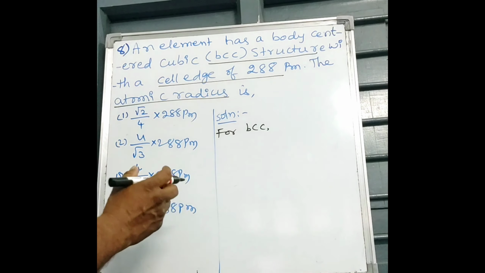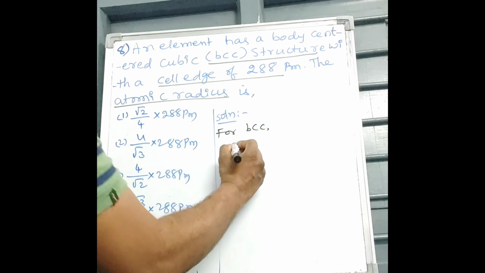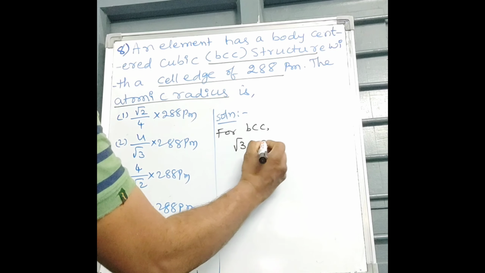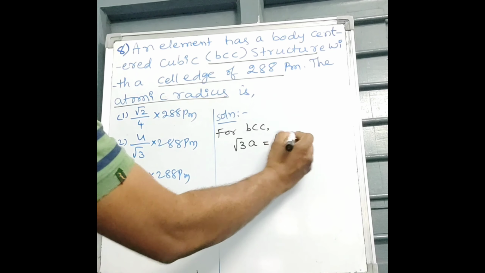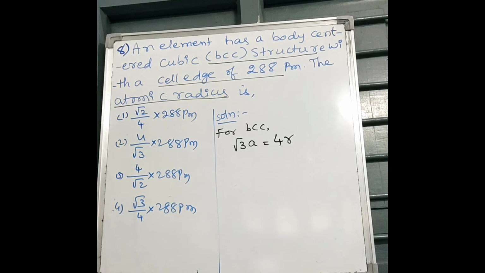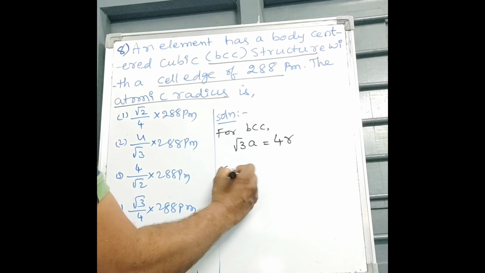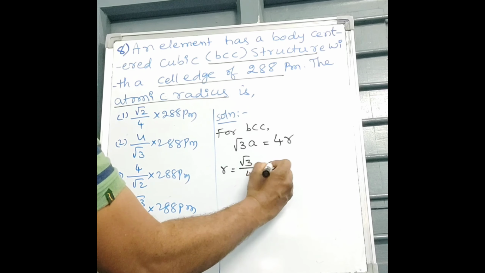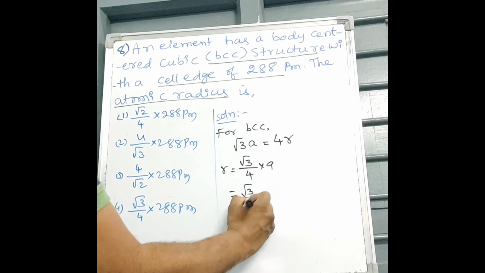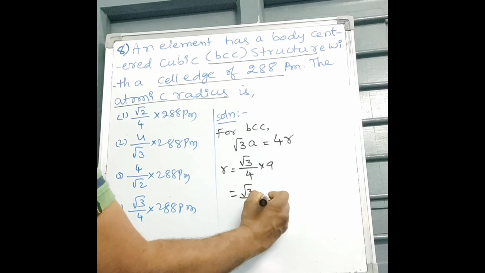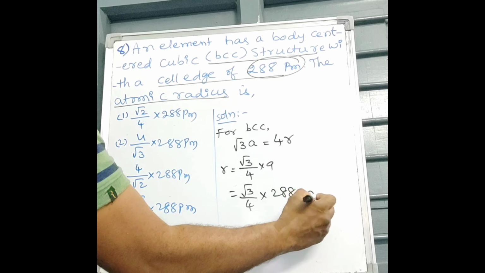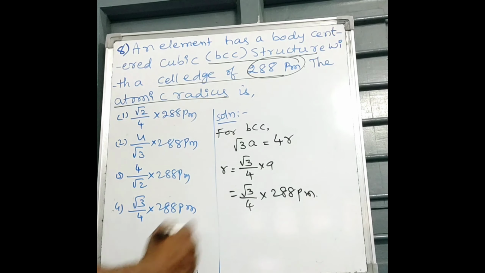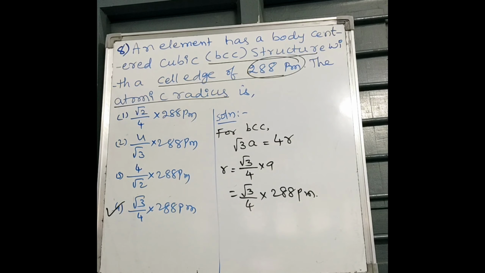There is a relation between edge length and radius: root 3a equals 4r. So here r equals what, students? Root 3 by 4 into a. So root 3 by 4 into a value is how much here? Edge length is 288 picometers. So option 4 is the correct answer for this question. Just substitute in the question.